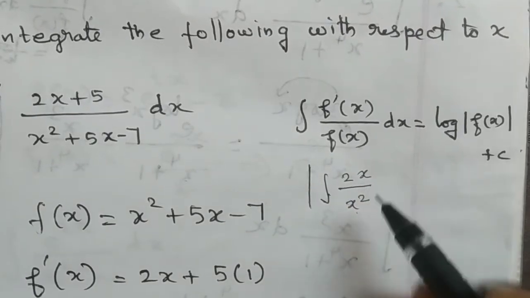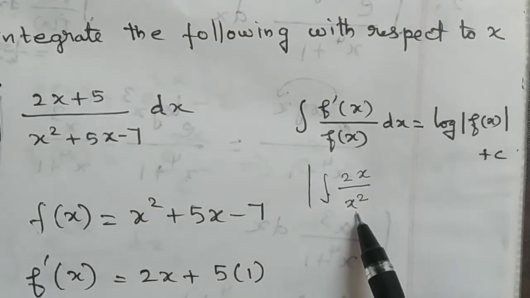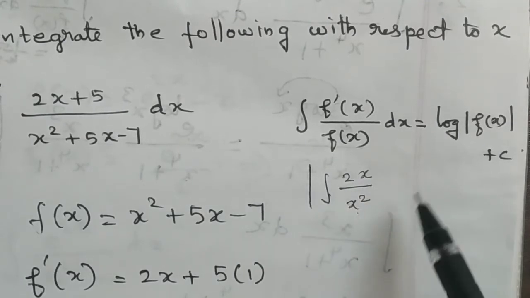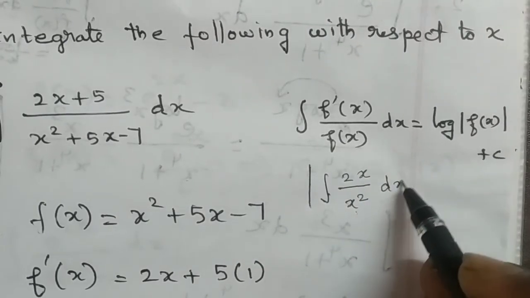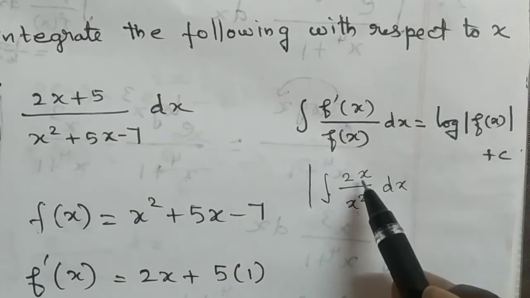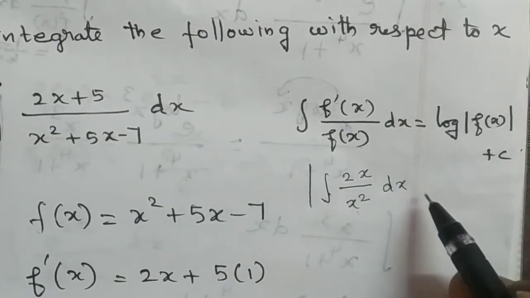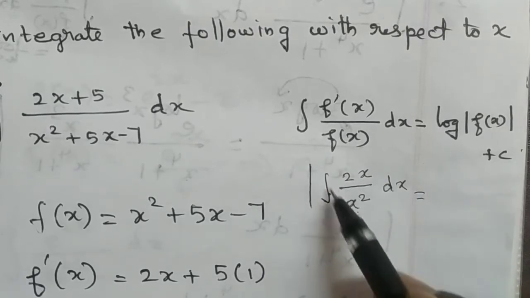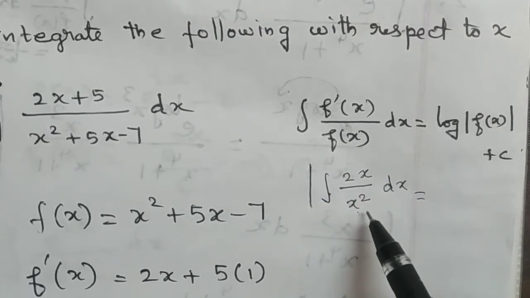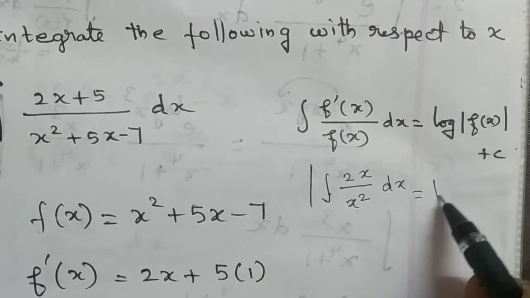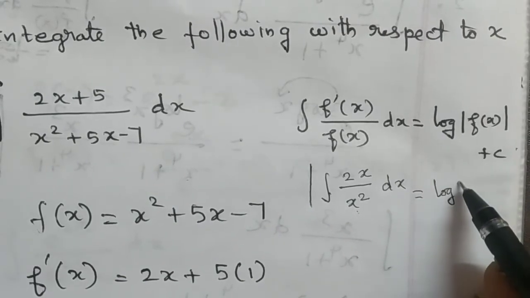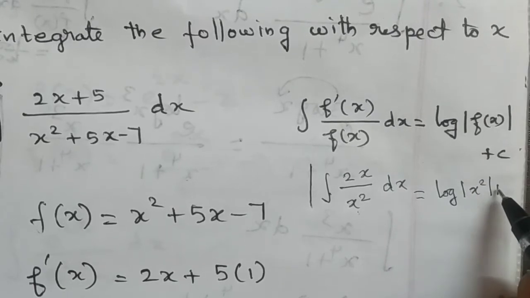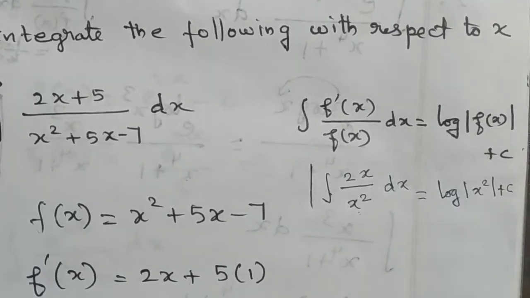It is 2x, and it is in the numerator. So the whole integral of 2x divided by x square into dx equals log modulus of x square, plus c.